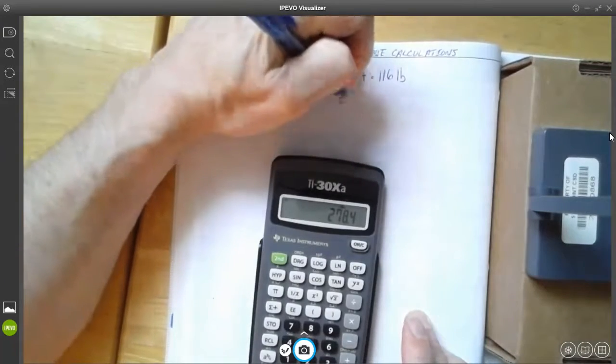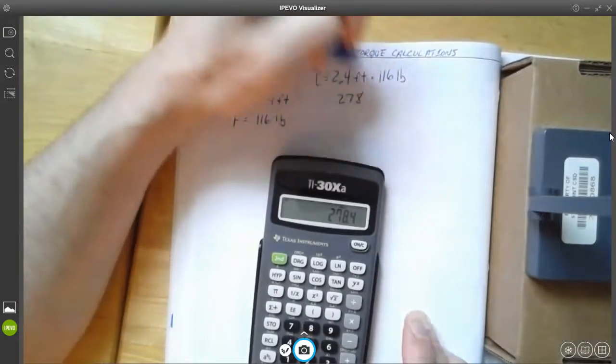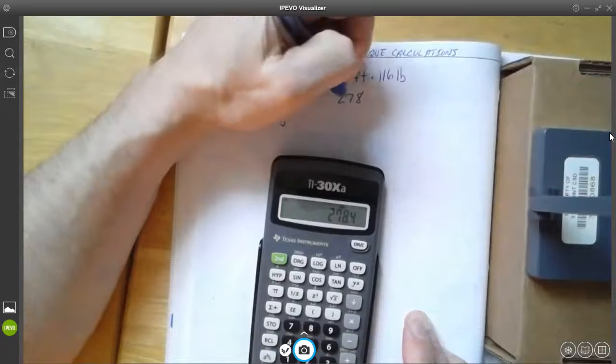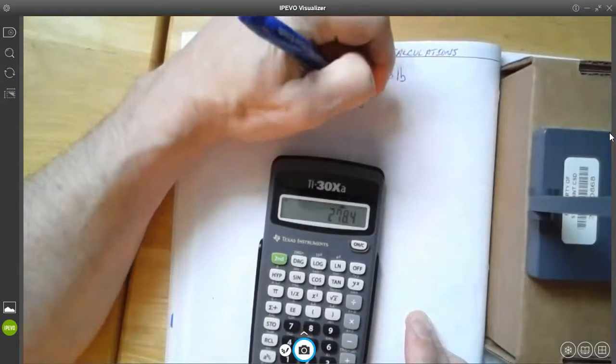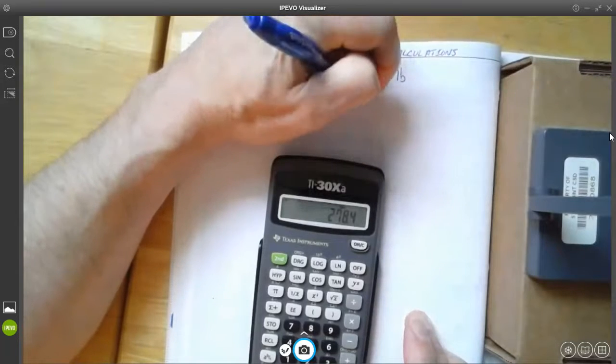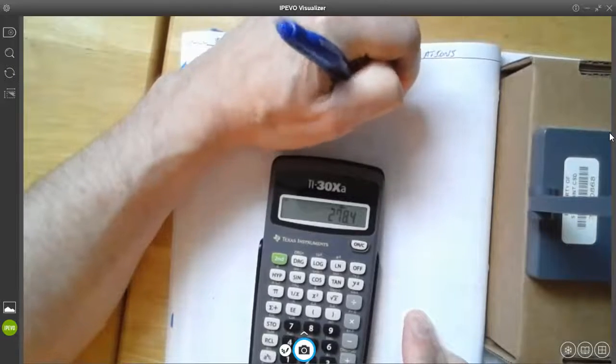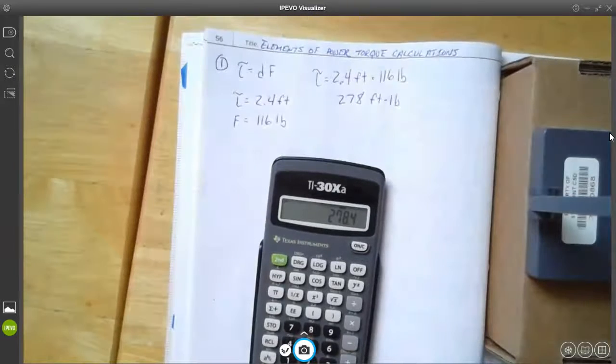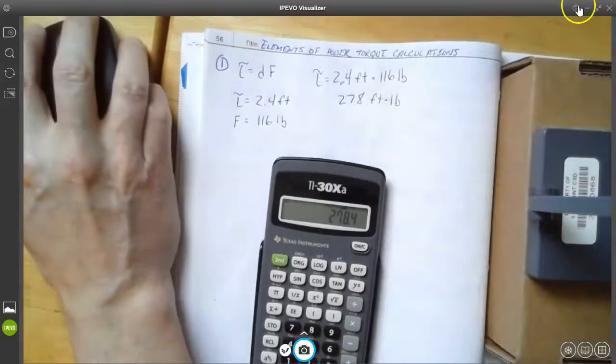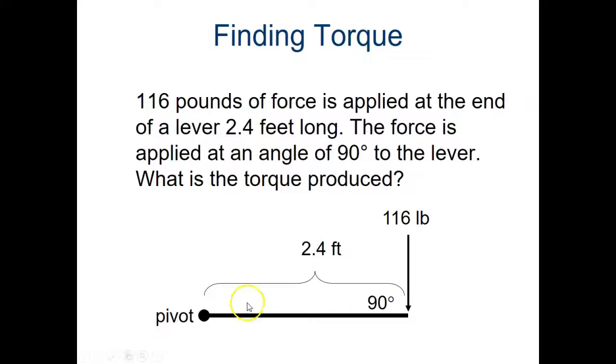So we'll round it to 278, a unit of foot-pounds. All right, that's the first calculation. I'm going to shrink this right down.